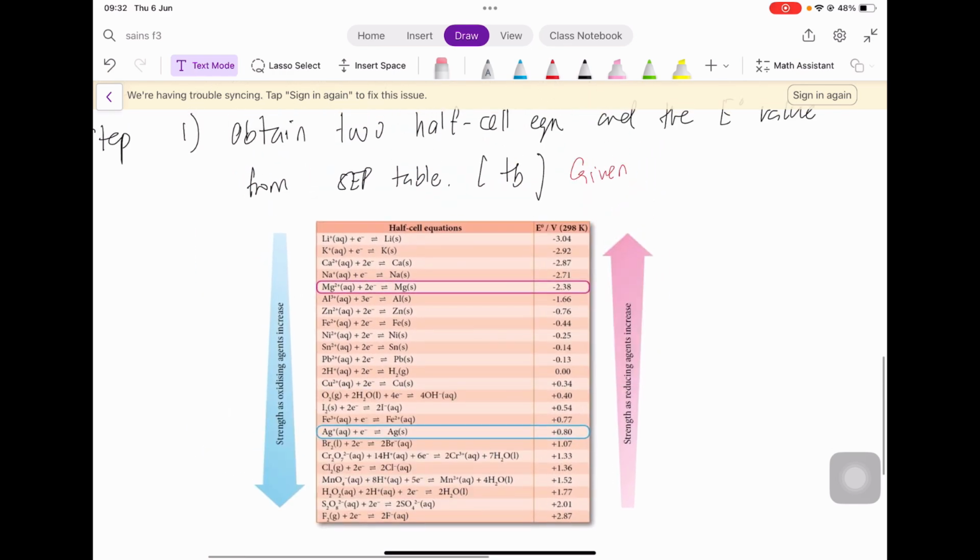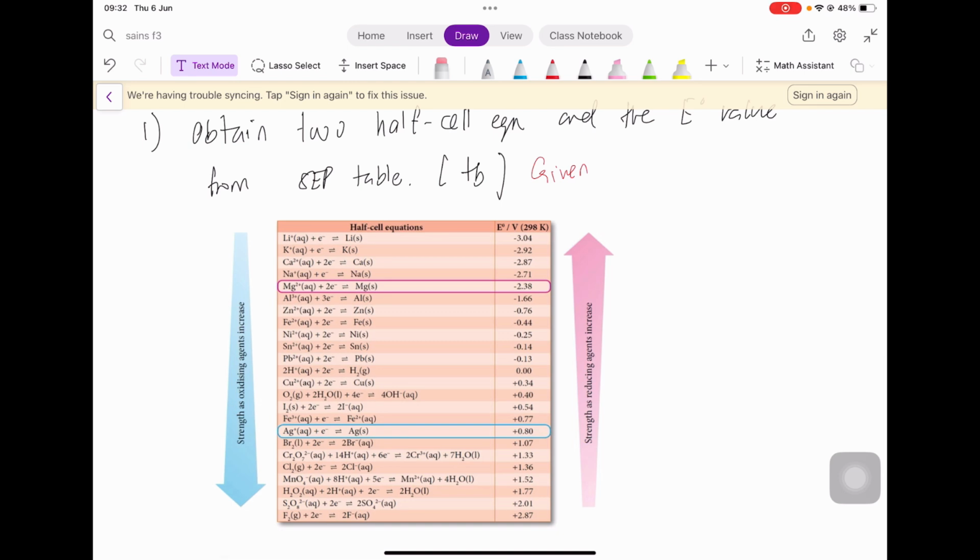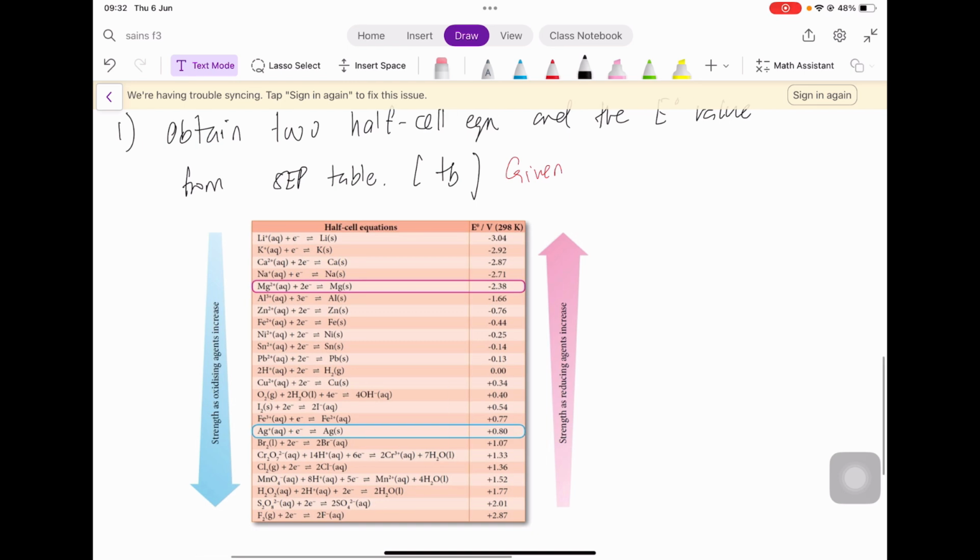Contohnya macam mana kita nak obtain two half cell equation ni. Let's say your cell involve, okay, sekejap. Let's say sekarang ni we have one magnesium electrode, one copper electrode, sebagai contoh, okay. So what you are going to do is, you ambil je lah from the table, you ambil yang ada copper. Cari lah one by one, nak cari mana-mana yang ada copper. Tu yang nampak ni, ada copper.